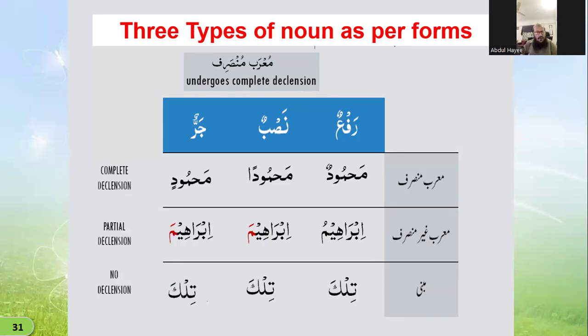So nouns are of three types. Monocot has Raf, Nasb, Jar all the same. Dicot has Raf different, and Nasb and Jar the same. And the multicot has three states: Raf is separate, Nasb is separate, Jar is separate, and they are the majority, 80 to 85%.